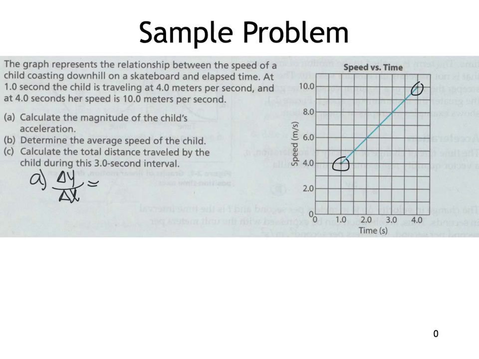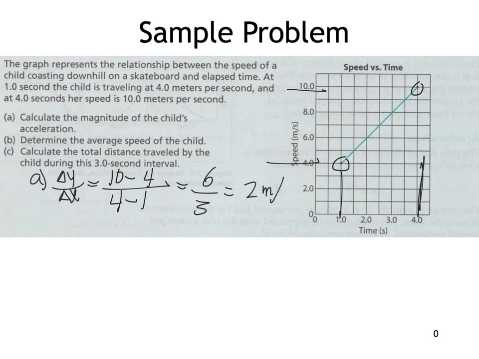So the rise for me is the difference between 10 and 4, and the run, in this case, is the difference between 4 and 1. So 10 minus 4 is 6, 4 minus 1 is 3. So I'm getting an acceleration of 2 meters per second squared.